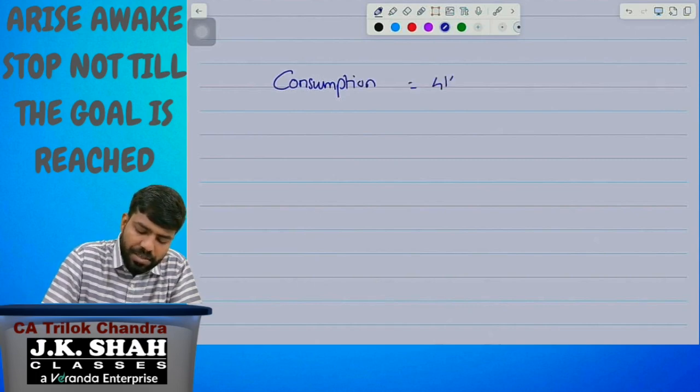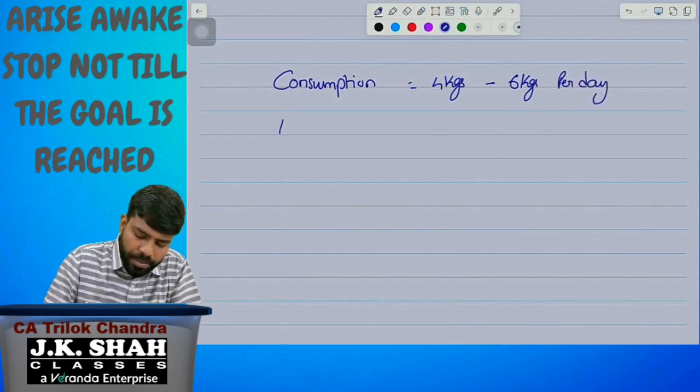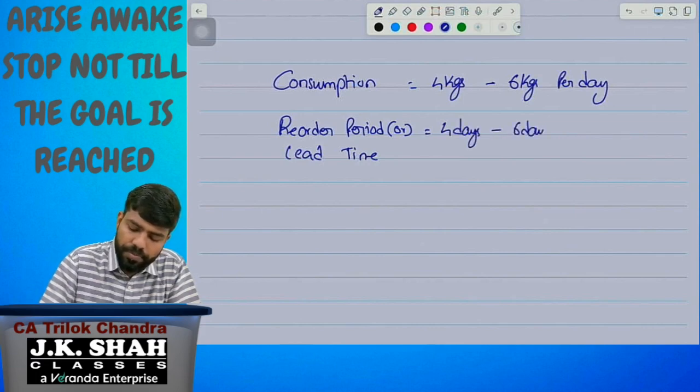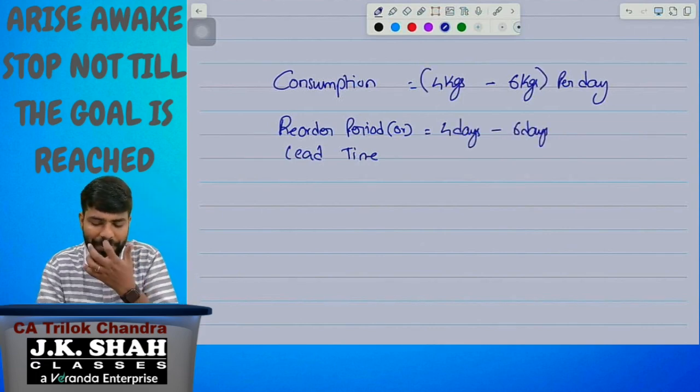I'm going to take it as 4 kgs to 6 kgs per day. Reorder period or lead time equal to 4 days to 6 days.